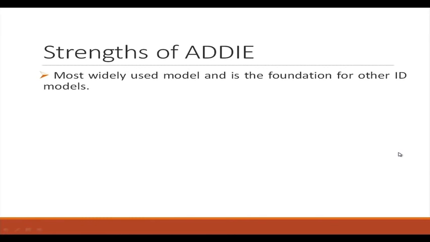Now, what are the strengths of the ADDIE model? Why was the ADDIE model a strength? It is the most widely used model. It is the foundation for other instructional design models, it is flexible and can be used for traditional instruction, and across many industries the ADDIE model is used.